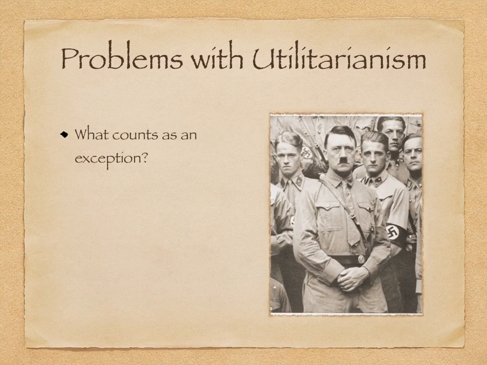It could seem very easy to count something as an exception to a rule, and in fact, during World War II, Heinrich Himmler, one of Hitler's primary generals, the head of the SS, argued before a bunch of his own generals that the Holocaust, the final solution, was a necessary means to the greater end of Europe, even though it meant breaking the normal rule of causing death and suffering.